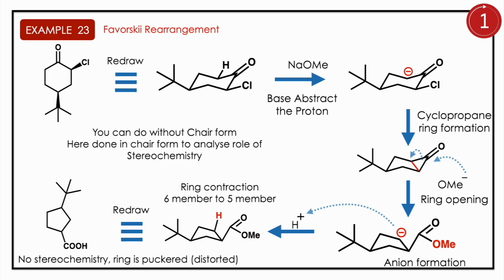So methoxide attacks again and opens the ring. The ring can open either way because the system is symmetrical. You form the anion, then the anion takes up H plus. You end up with an ester there. Here no stereochemistry is required because the ring is puckered, or you can say distorted. The concept you outlined here is that in Favorskii rearrangement, most of the time stereochemistry doesn't play any role.